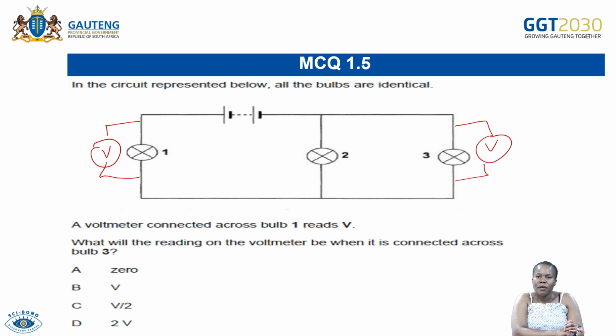It will not be V, because that would mean it is exactly the same as bulb 1. Remember, this V will have to be divided amongst all of them. So the correct answer is C, because it gives us V over 2.